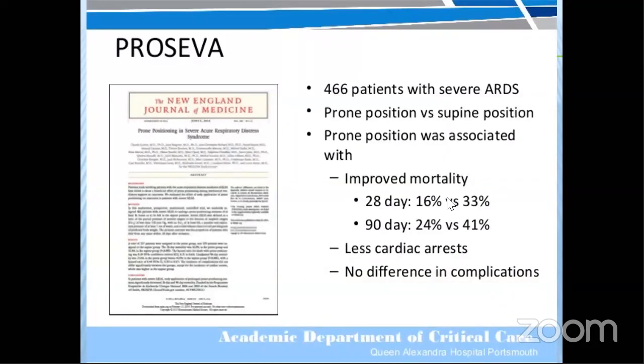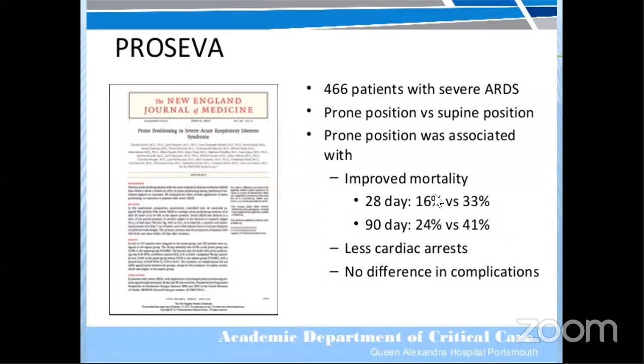Then we'll go to the second study that showed improved mortality for patients with ARDS. This study is under the name of the PROSEVA study. It was done a few years ago, and they compared patients in prone position and patients in supine position. They found that mortality decreased from 33% to 16% if we prone our patient.